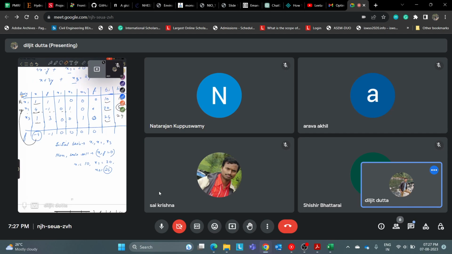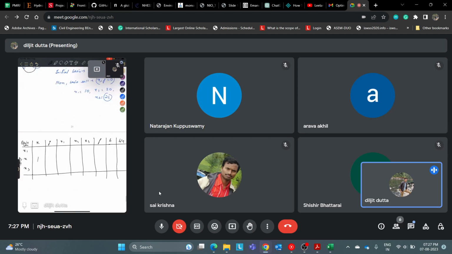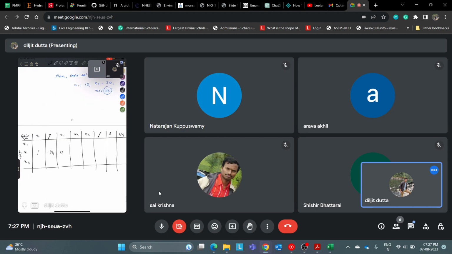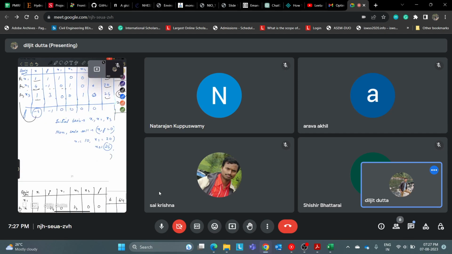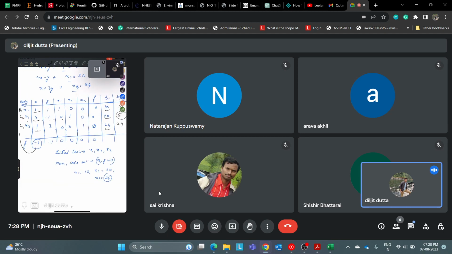Calling the rows r1, r2 and r3, we first have r2 by 4, so it will be 1 here, minus 1 by 4 in the second variable, 0 here, 1 by 4 here, and 0 here. Here also 0, and 20 by 4 is 5. Now we have to get 0 in the first row, so r1 minus 1 by 4 of r2.